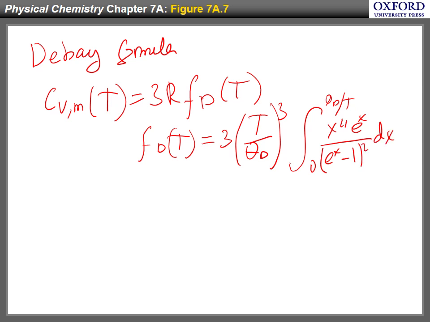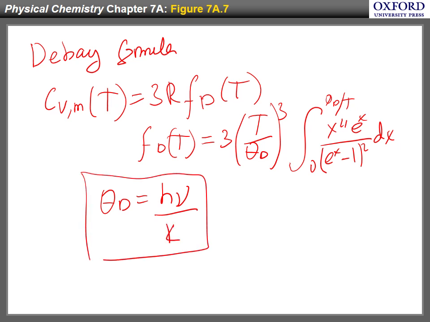Of course, I will not ask you to solve such problems, but I may ask you to calculate, for example, the Debye temperature, which is fairly straightforward, and it equals h nu divided by k.